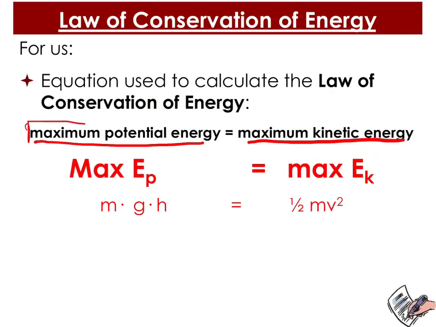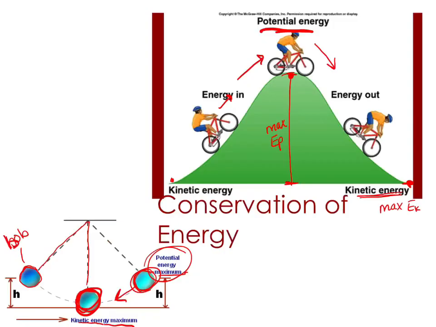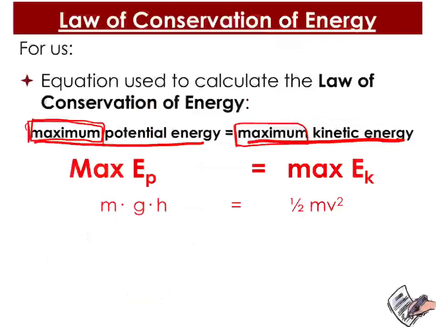But this whole maximum thing is so, so important, okay? Because potential energy isn't equal to kinetic energy at any point. It's just when they're at their maximums, right? Because it's saying all the potential energy here is completely being converted to kinetic energy at the bottom of the hill.